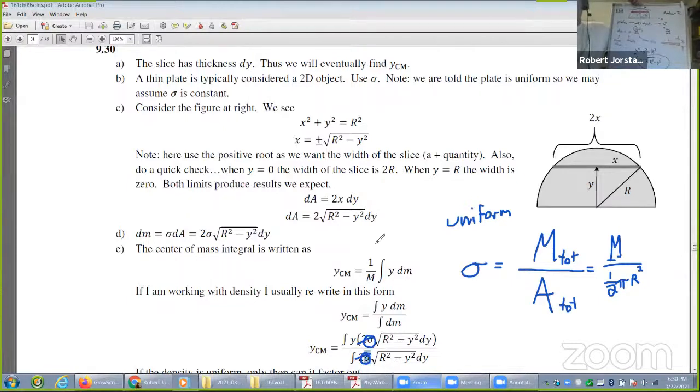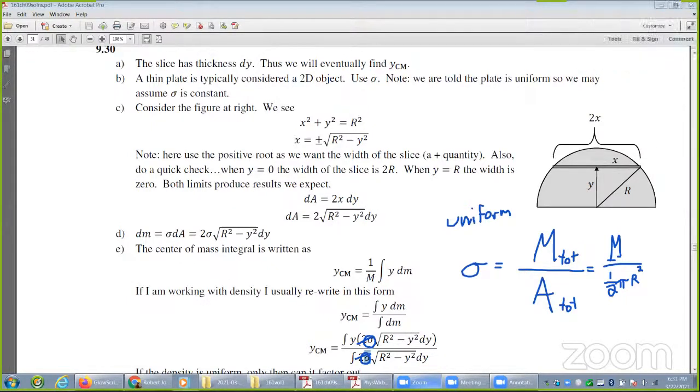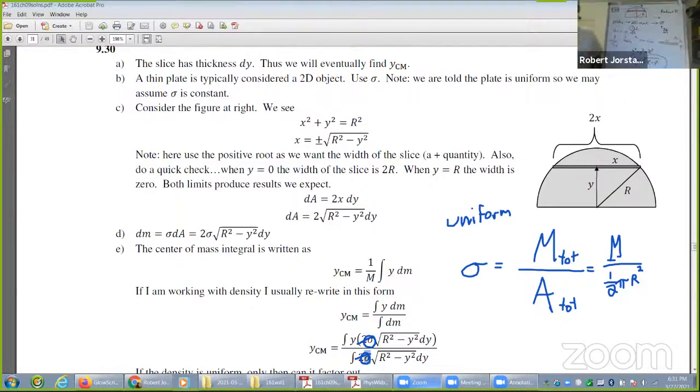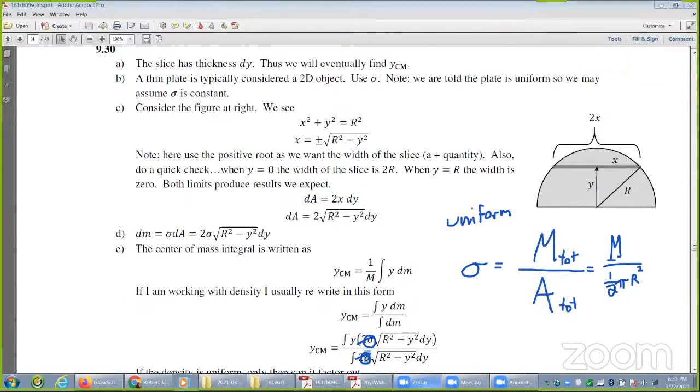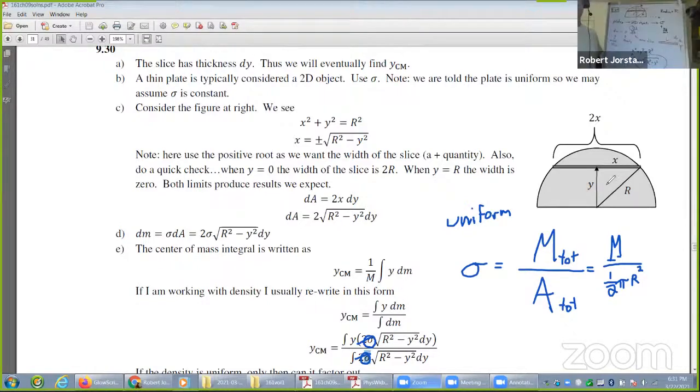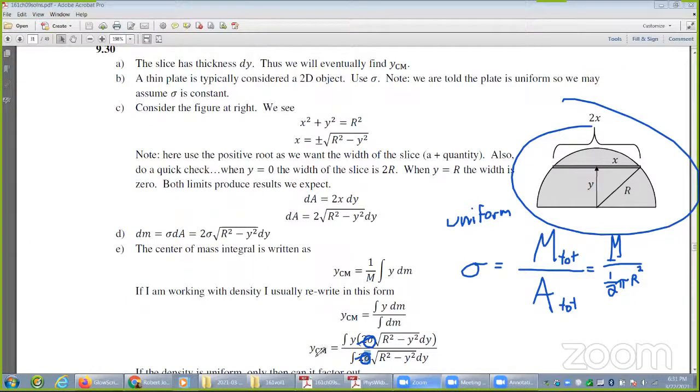What are the limits of integration I should use for this problem? Negative x to x. Or what are we integrating over? dx, dy, or dz here? dy. So what is the smallest value of y that makes sense in this picture we've drawn? 0.